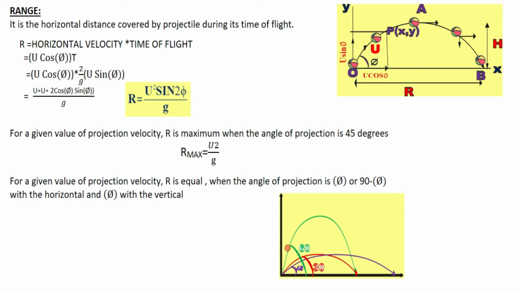Okay, that means the range will be equal when the angle of projection is 30 degrees with the horizontal and 30 degrees with the vertical. That means in general we can say that the range will be equal when the angle of projection phi is with the horizontal and the same angle of projection phi with the vertical. So in both cases the range will be equal.